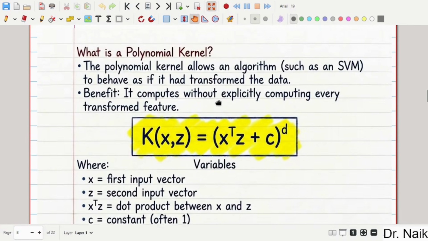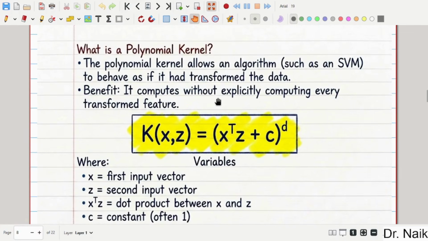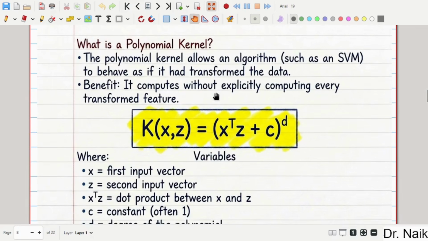What is a polynomial kernel? A polynomial kernel allows an algorithm such as an SVM to behave as if it had transformed the data. The benefit of a polynomial kernel is that it computes without explicitly computing every transformed feature.